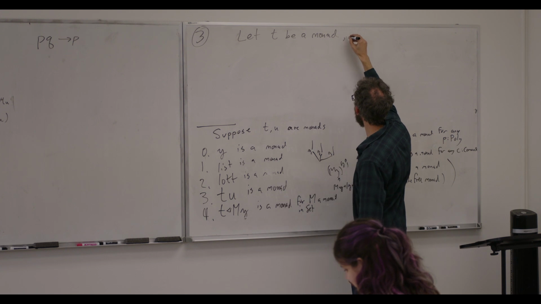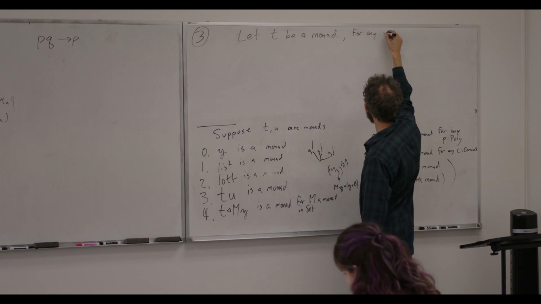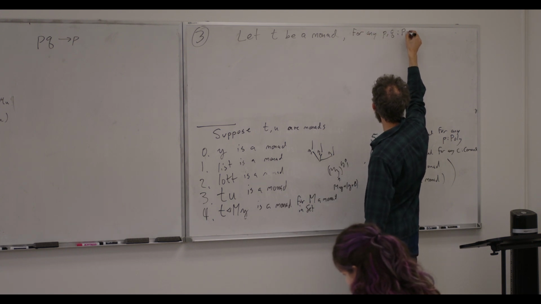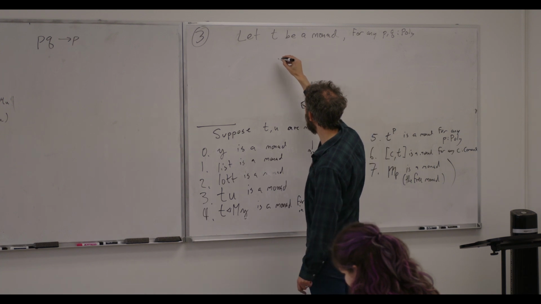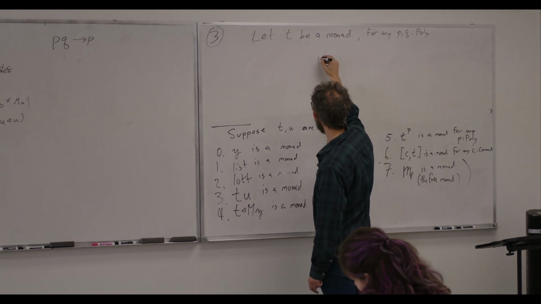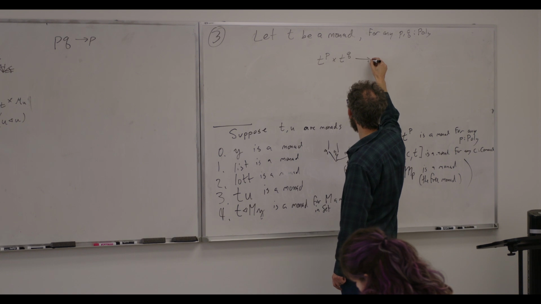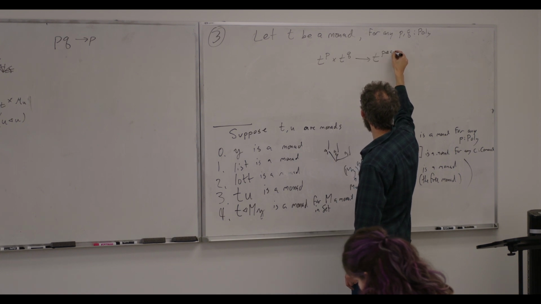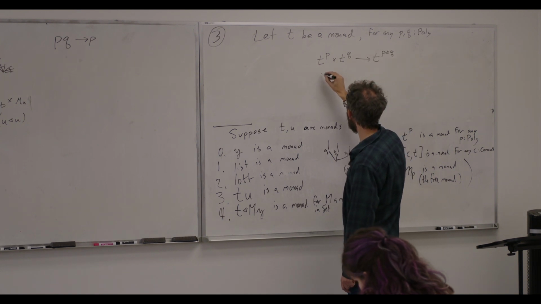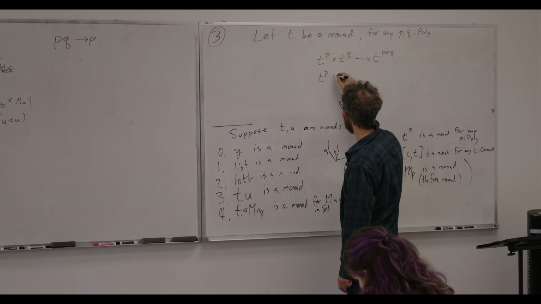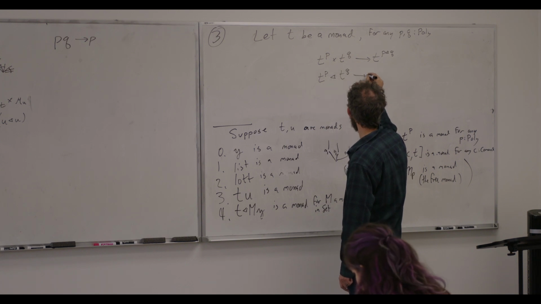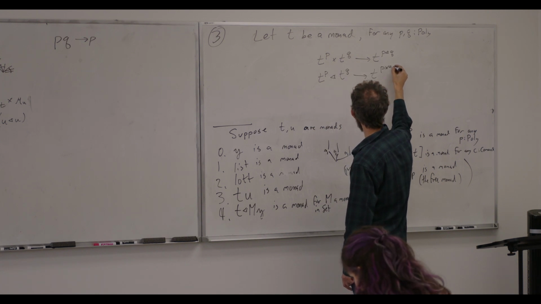For any p, q in poly, we have t to the p times t to the q to t to the p composed q, and t to the p composed t to the q to t to the p times q.